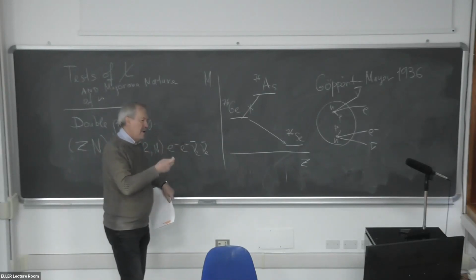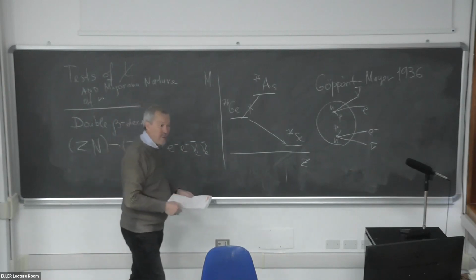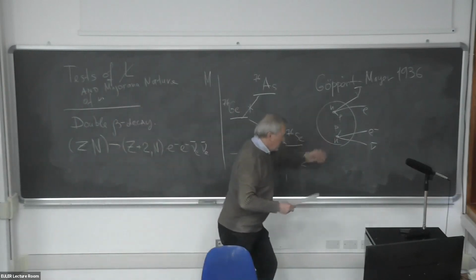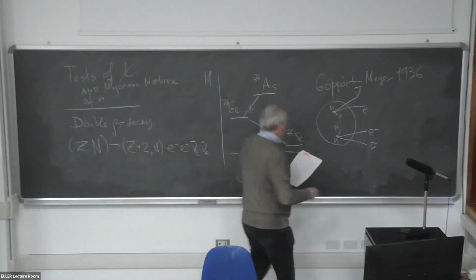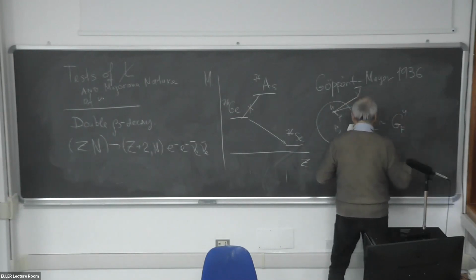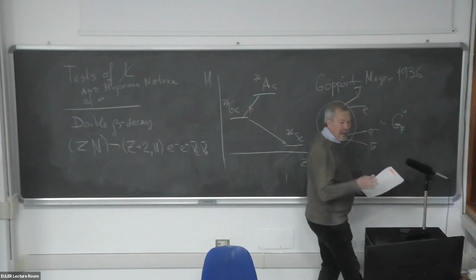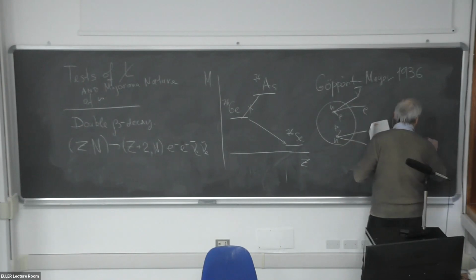And this rate is proportional to G Fermi to the 4th power, because you have two decays here. So the probability is proportional to G Fermi to the 4th. And typical lifetimes are bigger than 10 to the 20 years.